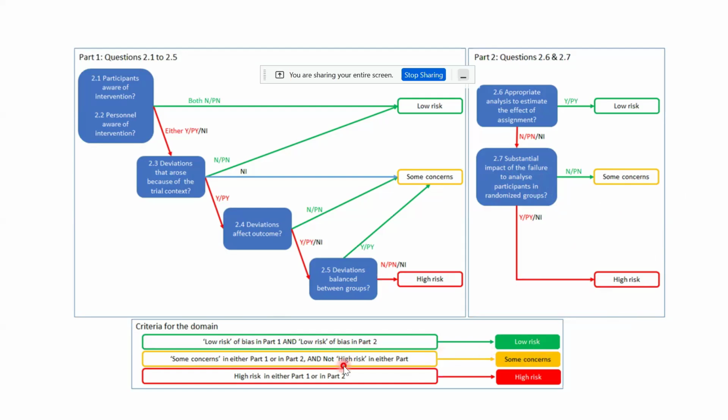It's pretty much the same way we are assessing overall risk of bias. So, if both these are low, we go to low risk. If any of these is some concerns, it is some concerns. And if any of these is high risk, we will get high risk. This is domain 2 if we are assessing as per the effect of assignment to interventions.